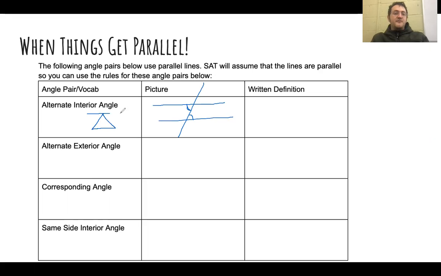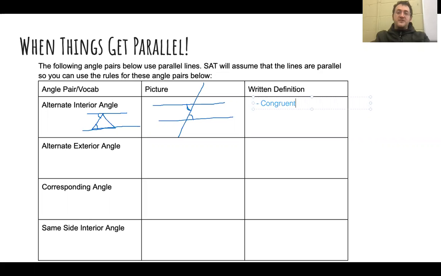Sometimes you may see them in the context of a triangle like that as well. I included that picture so you can see what they look like outside of your basic diagram. So these are congruent.